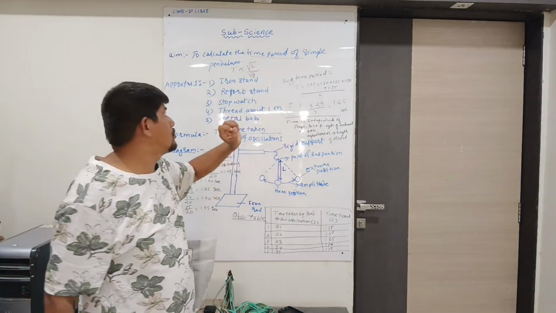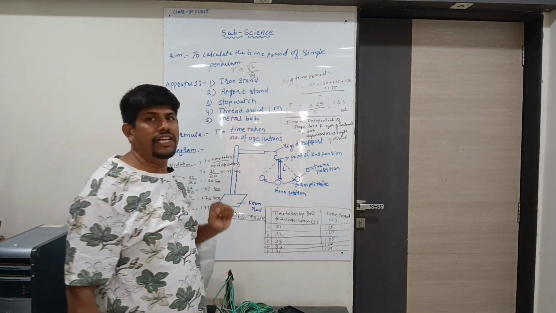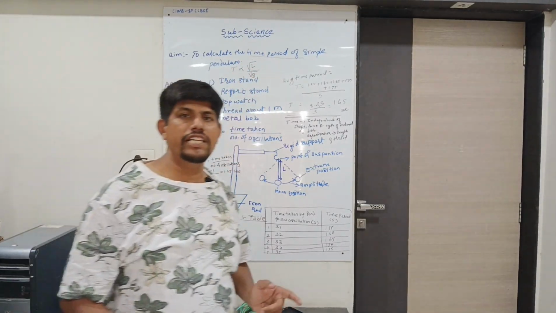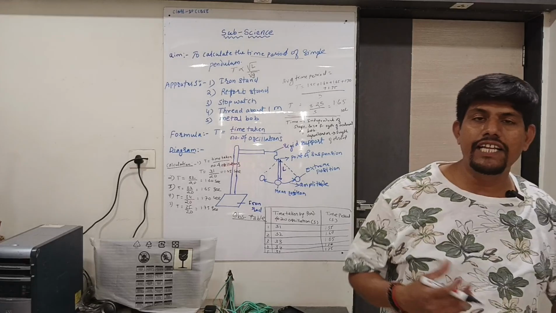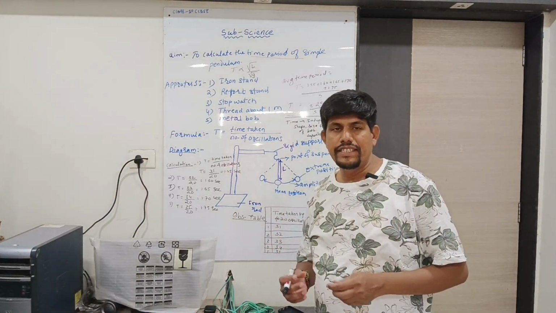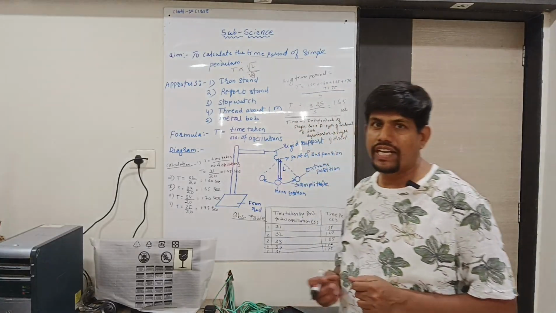So time period is directly proportional to the square root of the length of the pendulum, and inversely proportional to the square root of the acceleration due to gravity.